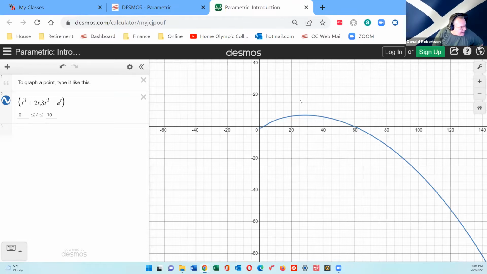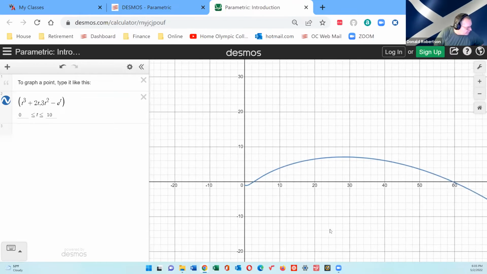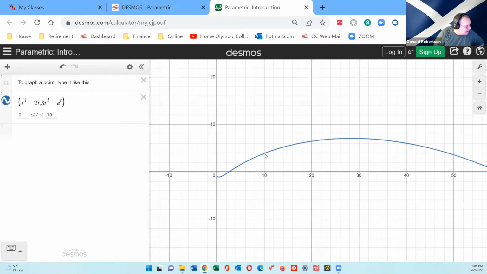Now, at any given point on a curve, let's say at 10, you see the 10, 4. That point there has coordinates, I think, 10, 4. Would you agree there's a tangent line there? And if there's a tangent line, it has a slope. And if the slope of the tangent line exists, doesn't that mean it has a derivative at that point?